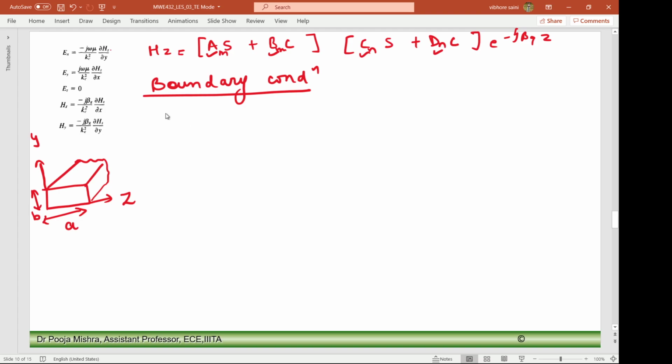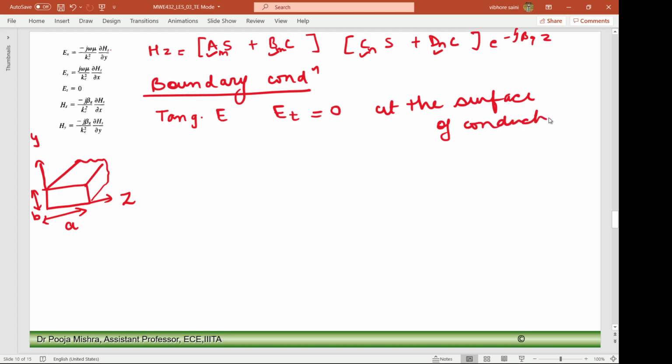The boundary condition says that the tangential component of electric field Et is 0 at the surface of the conductor, or the normal component of magnetic field is 0 at the surface of the conductor. So it is always easier to determine the tangential component of the electric field.